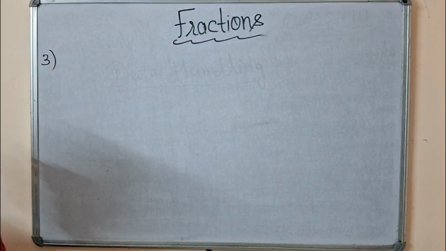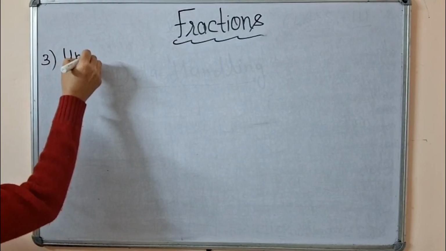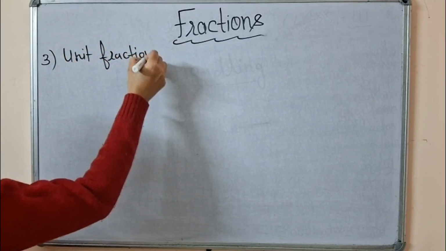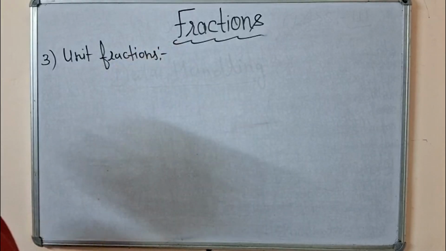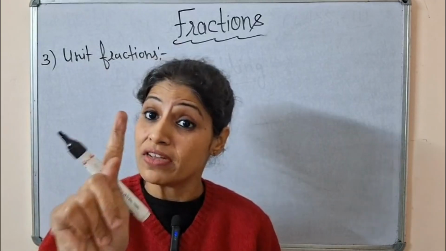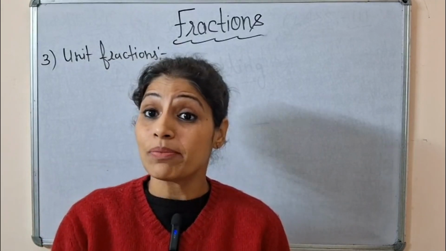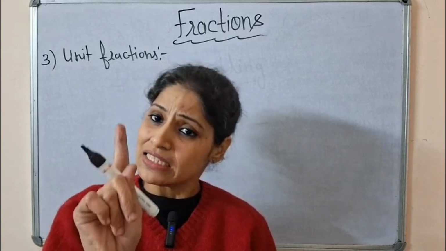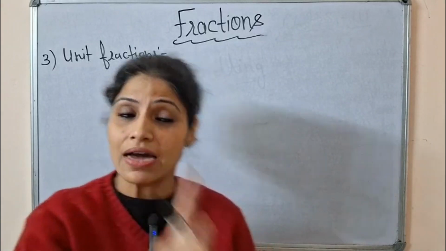Third type of fraction is unit fractions. What is a unit fraction? Unit fractions are those fractions where the numerator is always 1. We call it unit place, ones place. So it tells itself that unit means 1. Numerator will be 1.